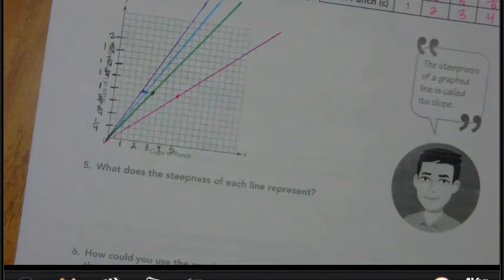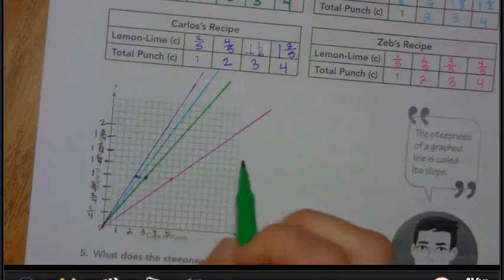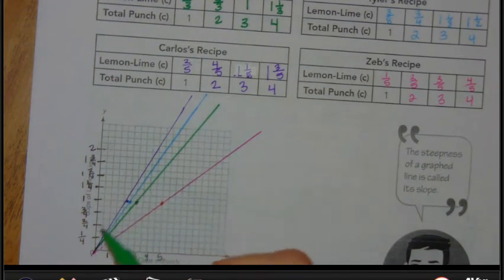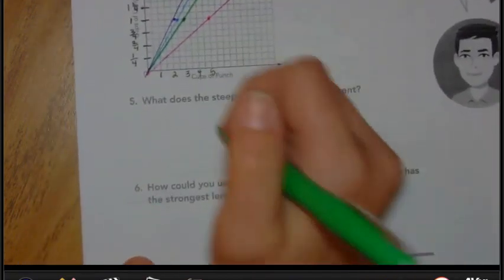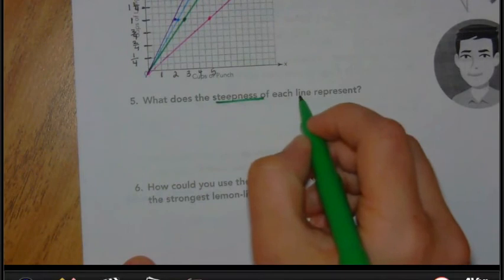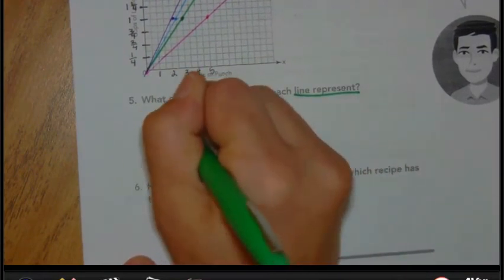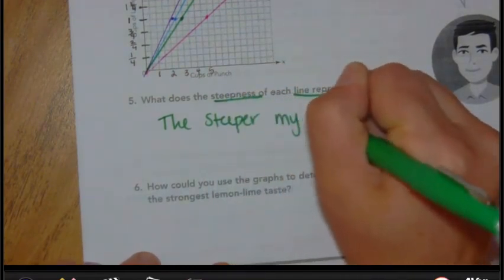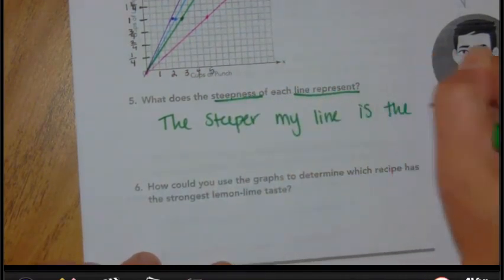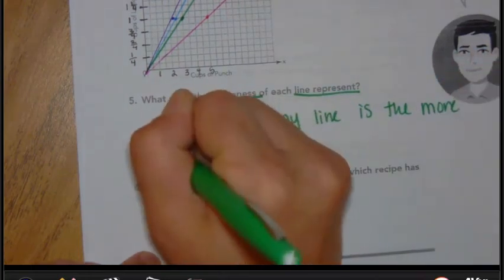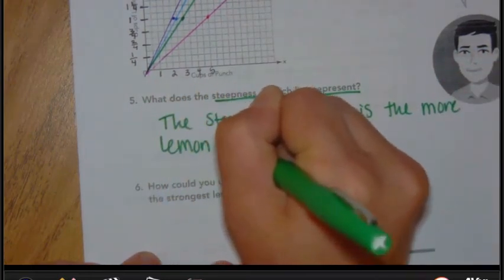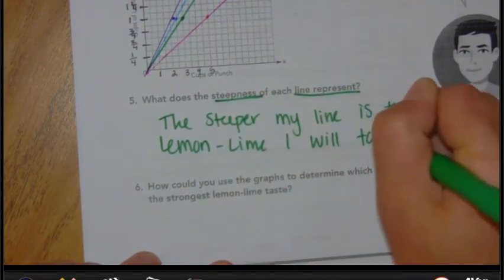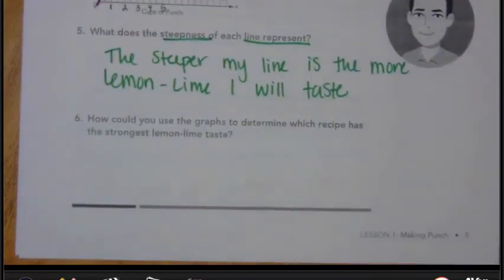Carlos is purple, and my purple line is the closest to steep. So I'm going to say the steeper my line is, the more lemon lime I will taste. The more lemon lime concentrate you will have.